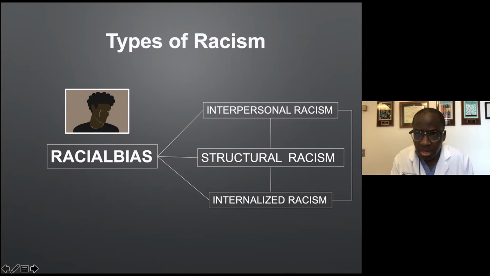And then there's internalized racism, which to me is the most tragic form of racism, because this occurs when an individual who's a victim of racism internalizes the value that society has put on his life. And so that individual undervalues himself.